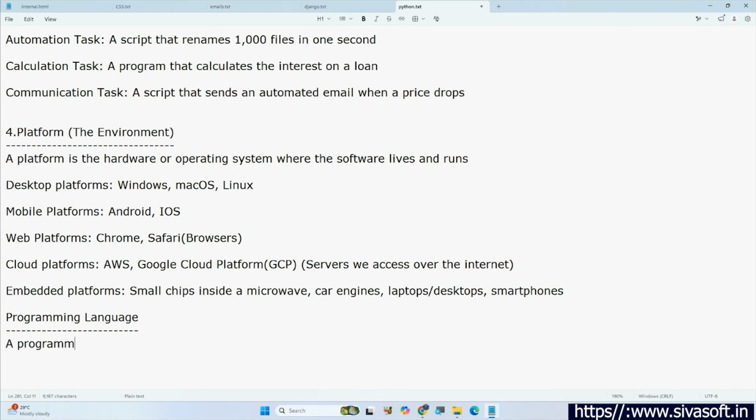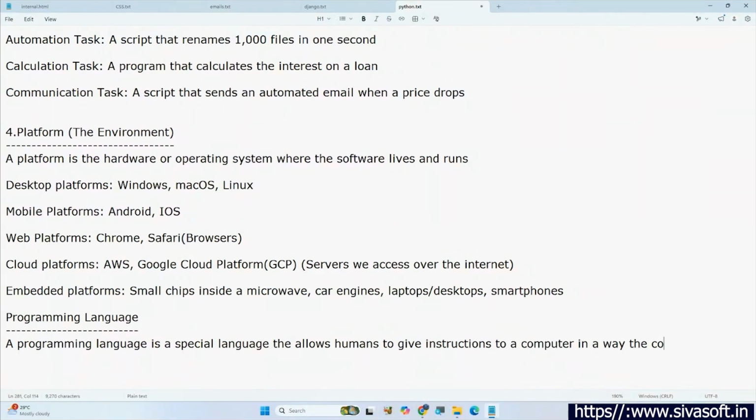A programming language is a special language that allows humans to give instructions to a computer in a way the computer can understand and execute or run the code.